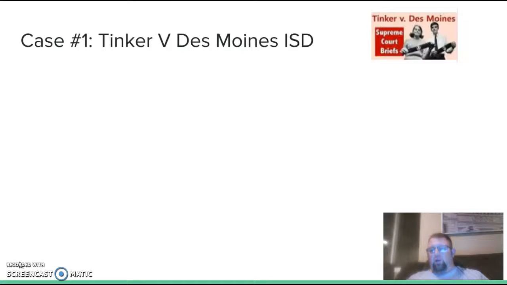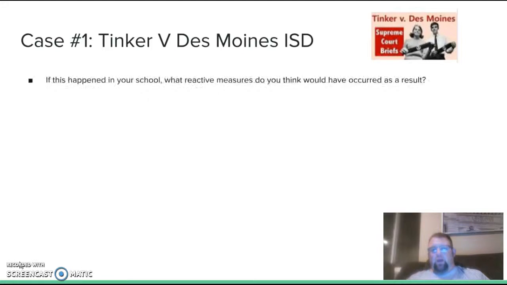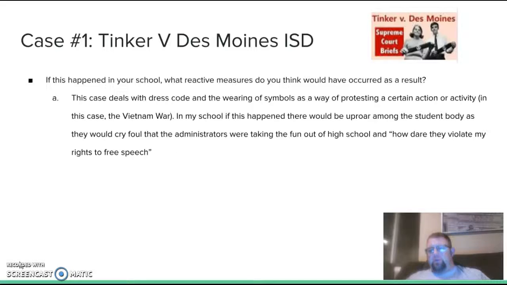Case number 1 involved students in the Vietnam War era who wanted to wear black armbands to school in protest of the war. And this is stuff that I see every single day at the high school that I teach at. Students constantly challenging the dress code, questioning why their rights are being violated, without really thinking about how building leaders are trying to create an environment that is free of any sort of distractions or offensive clothing or language.